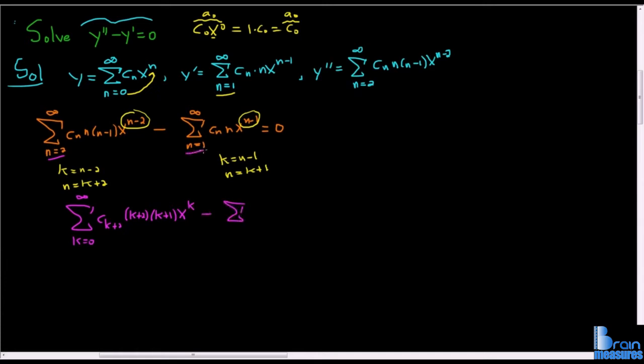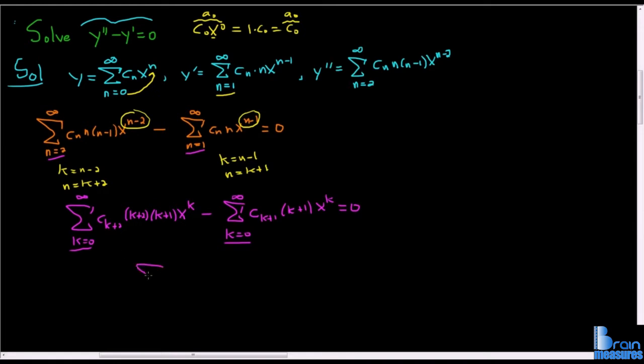Here n is equal to 1, so k is 1 minus 1, which is 0. So k starts at 0. Oh, that's nice. So you get c sub k plus 1, k plus 1, that's the n is k plus 1, and then x to the k. So this is an easier problem because we got lucky and they both start at 0. That's not always the case. So yeah, nice, easy problem.